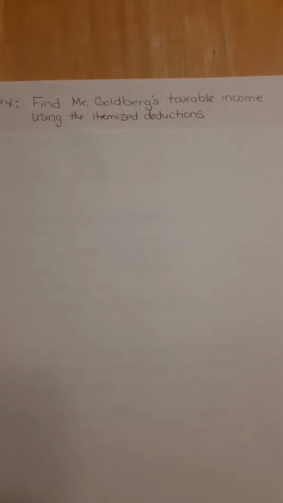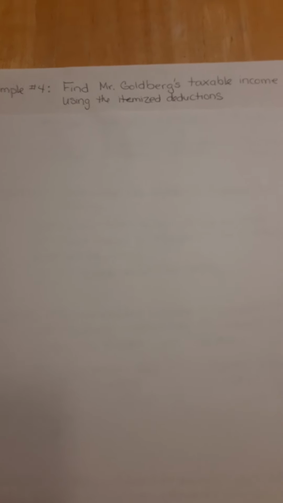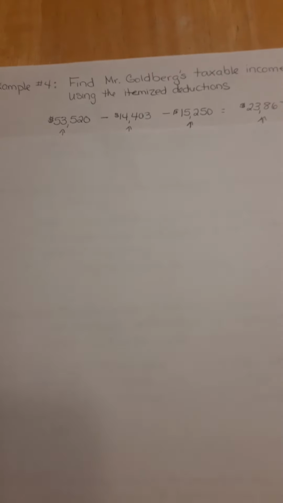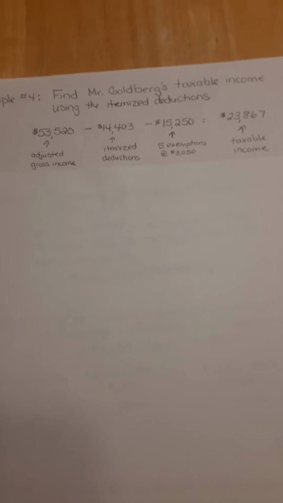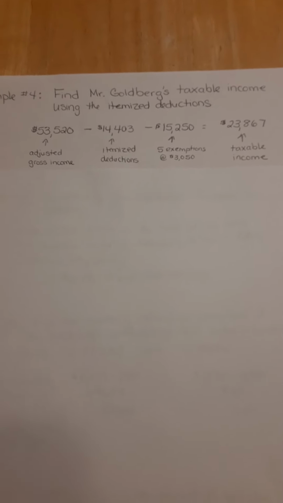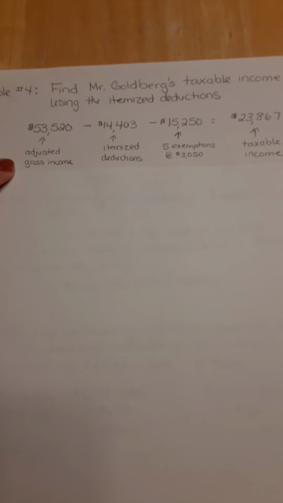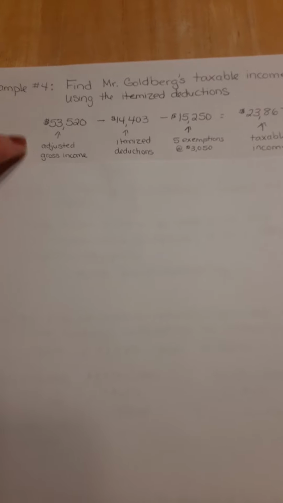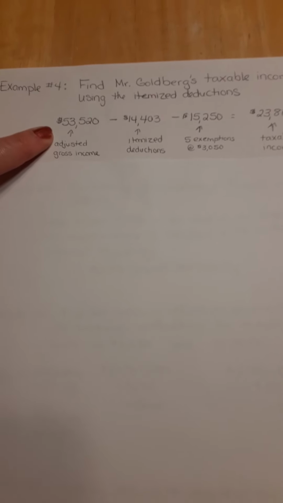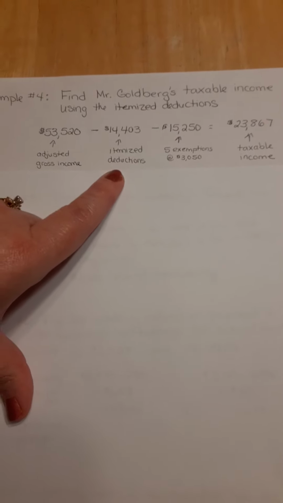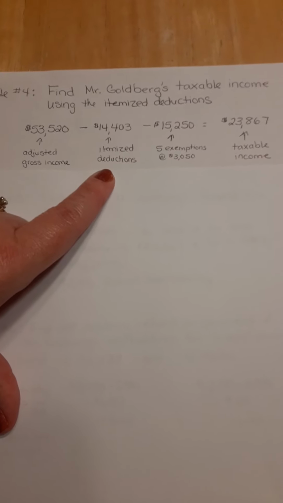Okay, example 4 here says we found that he's going to use his itemized deduction. We're now going to find out what his taxable income should be. And from his taxable income here, I'll show you the problem. We're going to subtract a few things. So in section 13.1, working through the table, we found his adjusted gross income. Okay, and so this was carried over from the last lesson. We just found that his itemized deductions were $14,403.